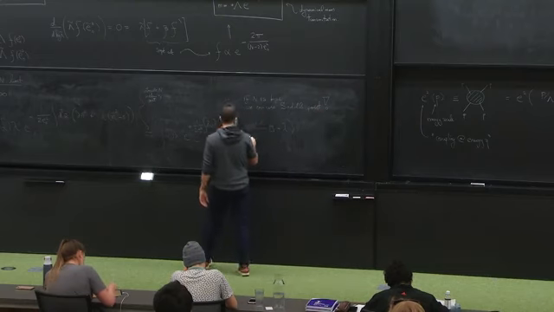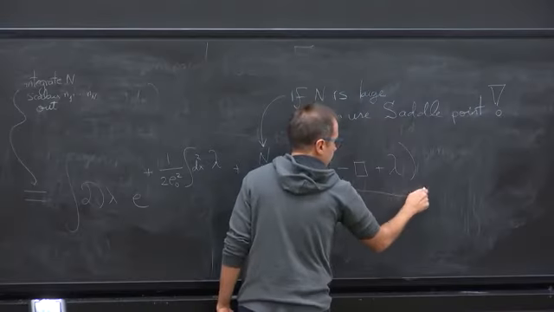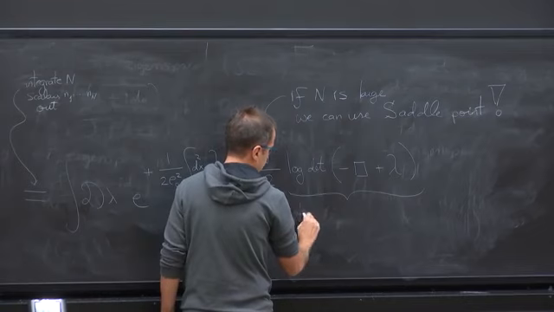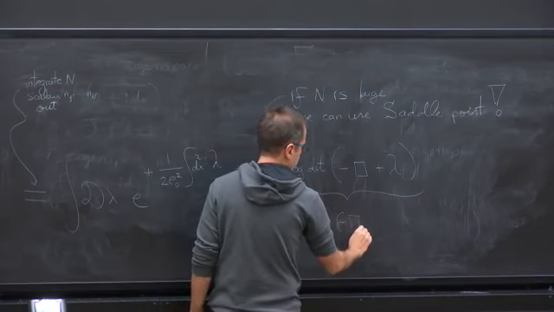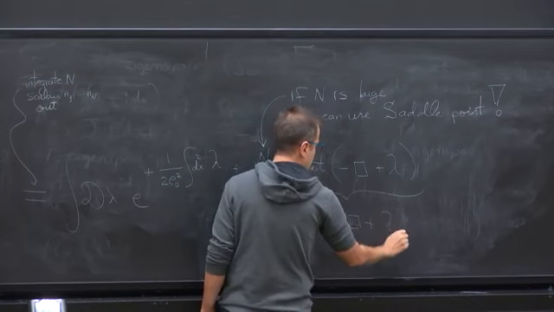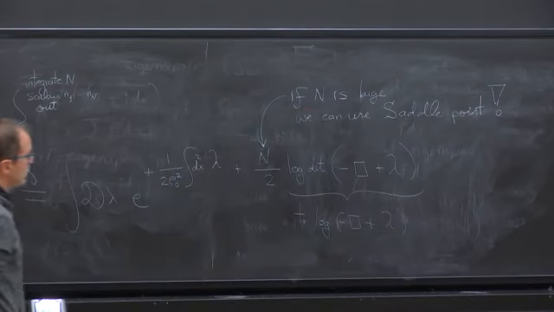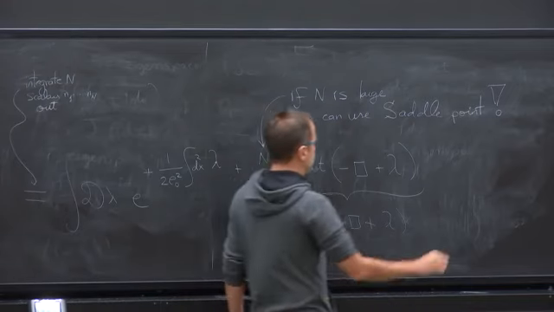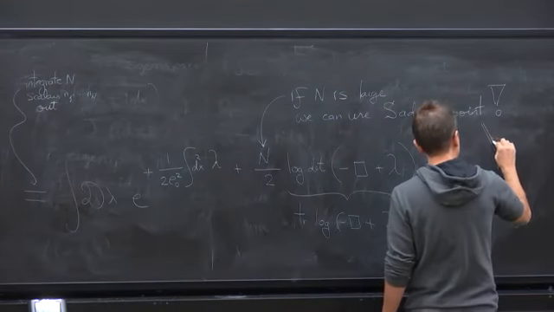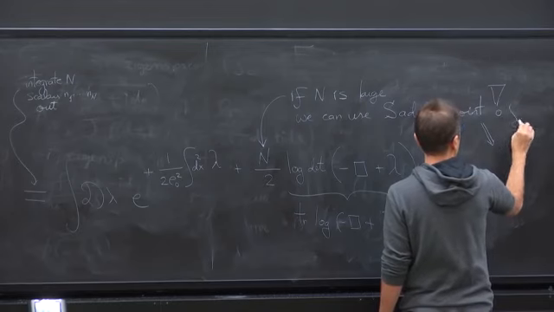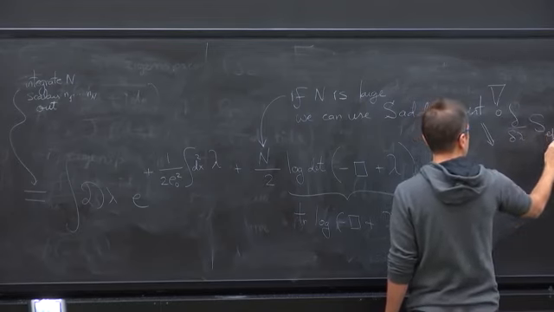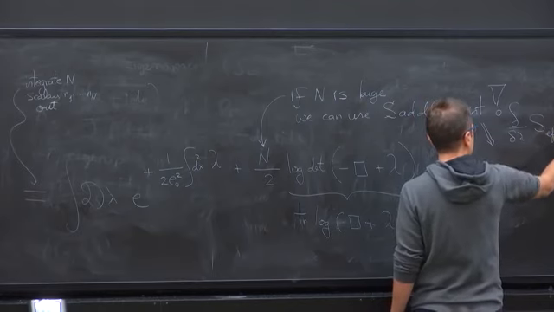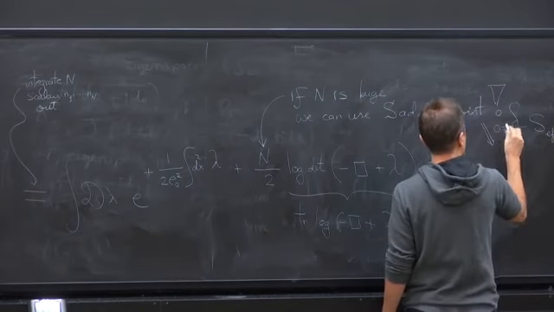Let's simplify this a little bit. Log of determinant is the same as trace of log. Then the saddle point equations are just the variation with respect to lambda of the effective action that we just wrote, set equal to 0.